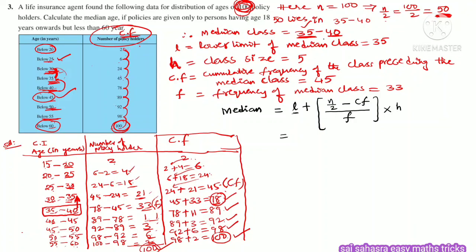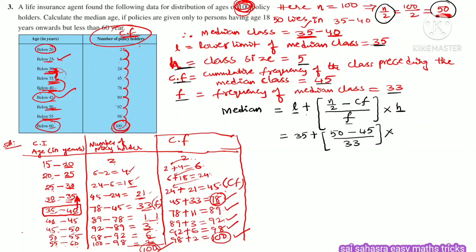L is the lower limit, that is 35, plus, bracket open, n by 2 value. N by 2 is 50. 50 minus Cf, the Cf value is 45, divided by F. The F value is 33, bracket close, into H. H means class size.